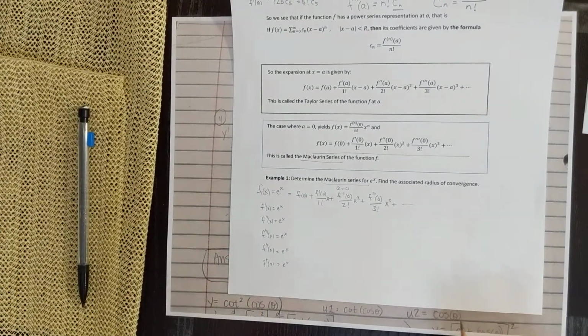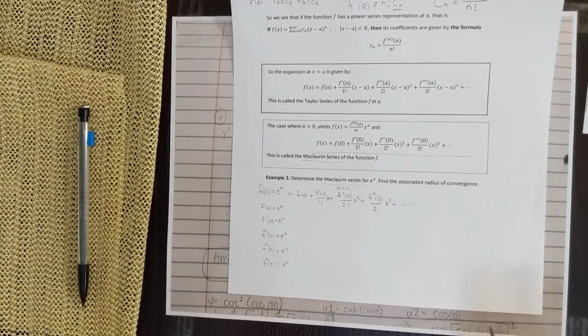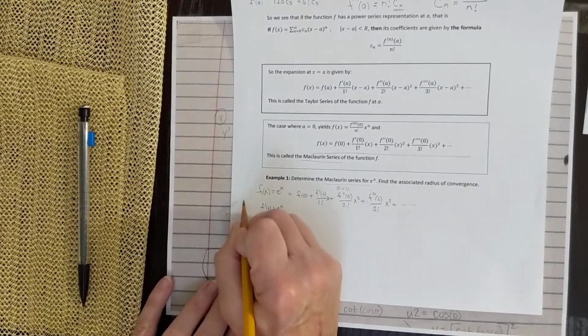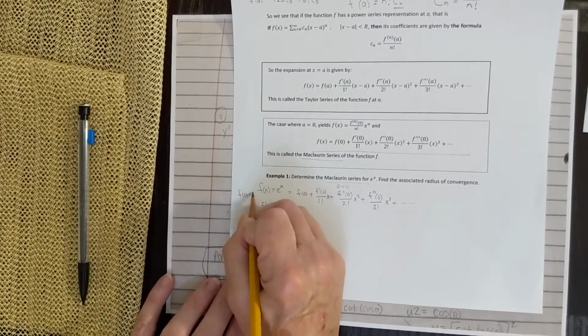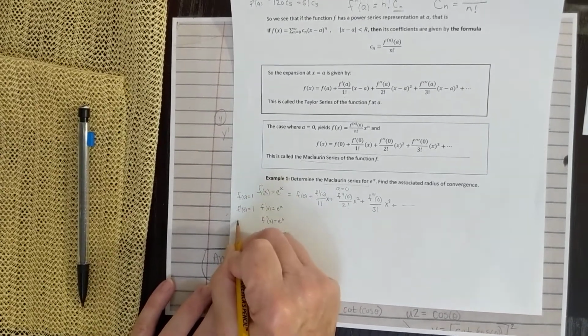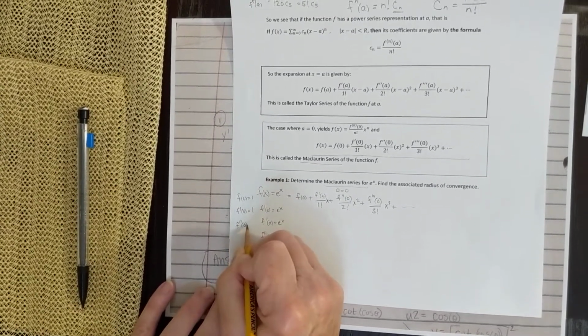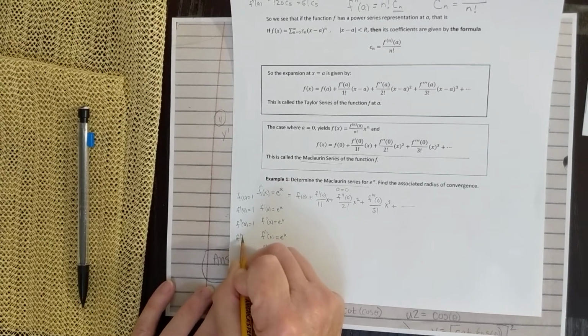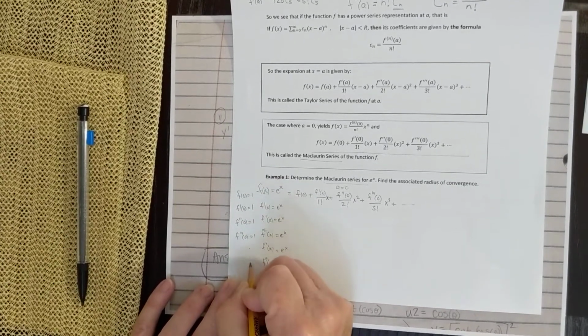Similarly, if we let this be about 0, f of 0 is e to the 0, which is 1. F prime of 0 is e to the 0, which is 1. F double prime of 0, 1. F triple prime of 0, 1, and so on.